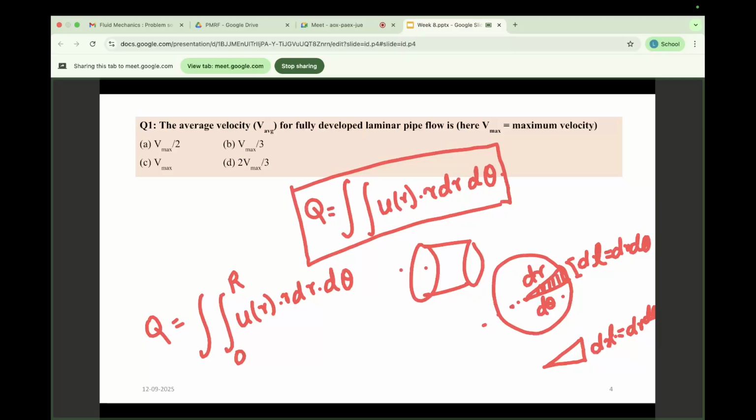This is a full circle, so its minimum value should be 0 and its maximum value will be 2 pi. One thing you can do is first easily integrate with respect to d theta. Other terms are constant, so integration of d theta is theta. So this 2 pi will come out, and accordingly you can do integration. So that formula you try to remember. This is based on the double integration term that you have already studied.